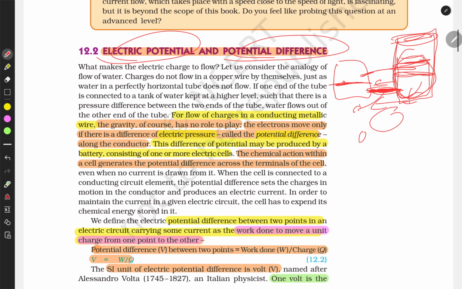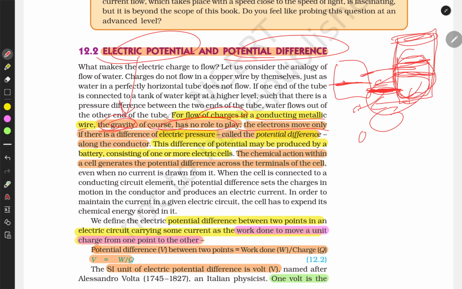Similar thing happens in the case of current. To flow the charge in a conducting metal wire, in case of electricity, gravity has no role like we have in case of water, but electrons move.